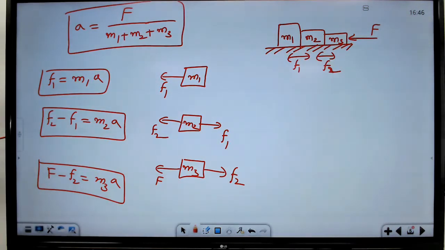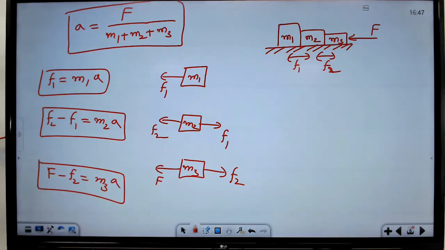A force of 20 Newton acts on the string at one end.